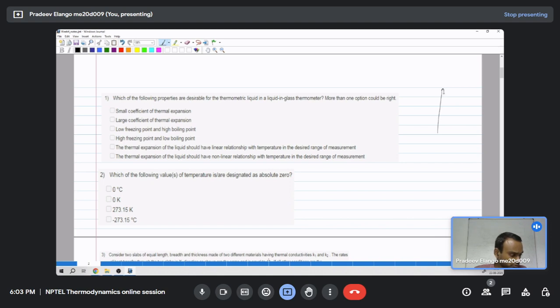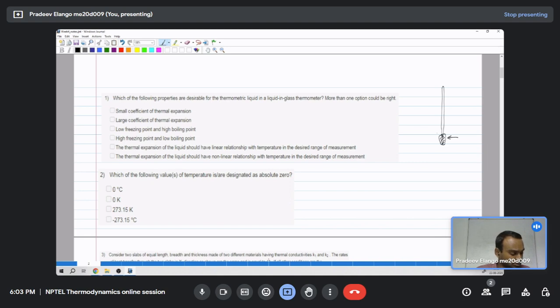We have a glass tube, and on the bottom there is a bulb filled with the liquid, which we put on the surface whose temperature we have to measure.